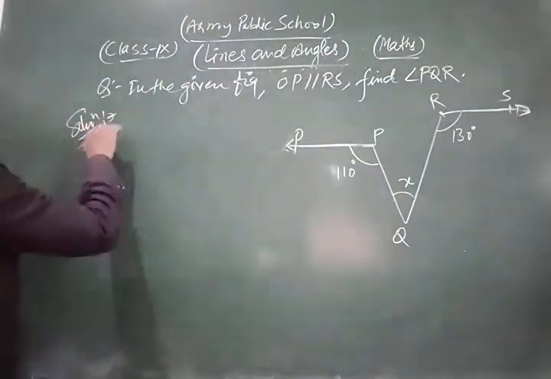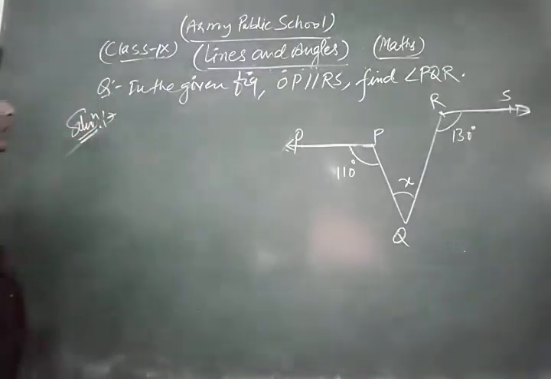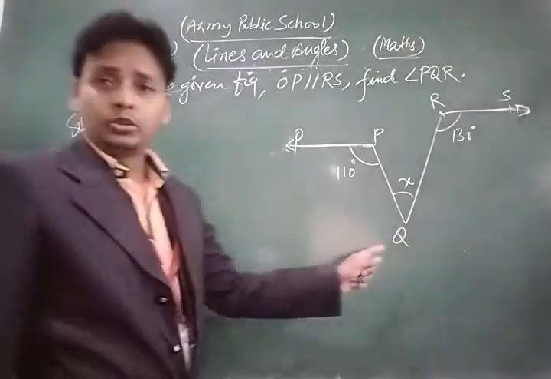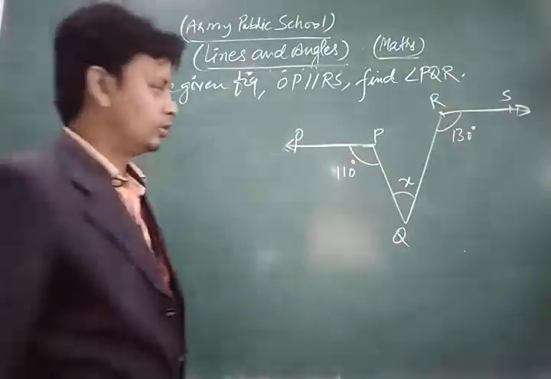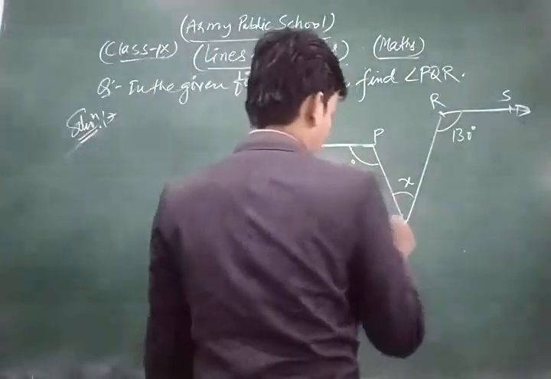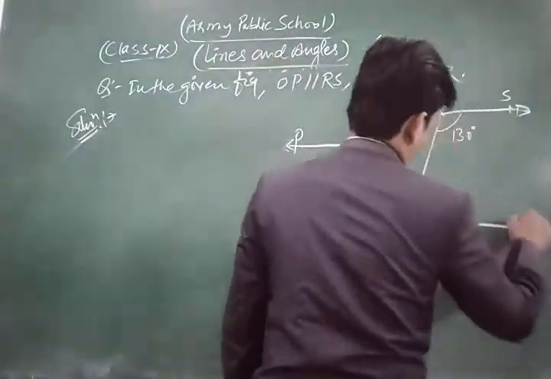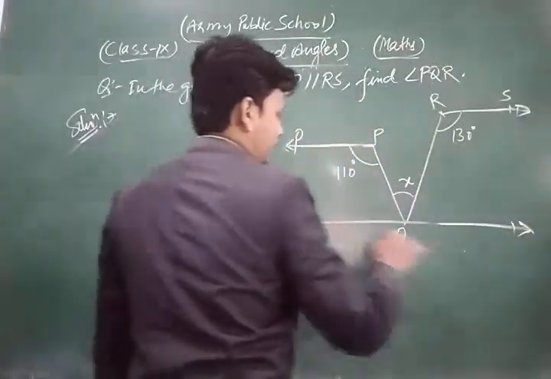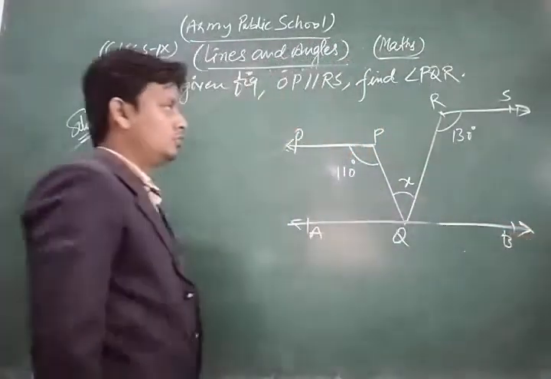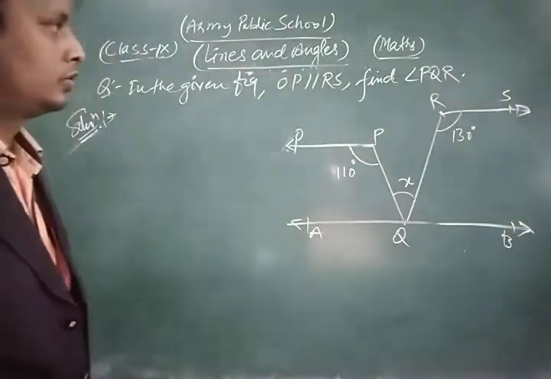Therefore, for that question, through Q, we draw a line parallel to OP as well as RS. Look, through Q, we draw a line AB parallel to OP as well as parallel to RS.